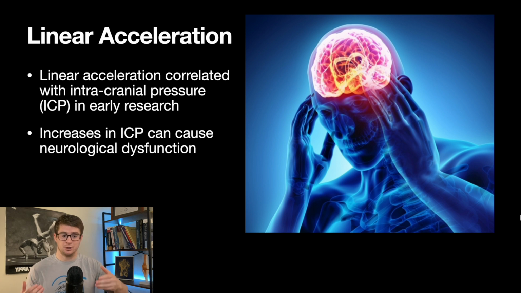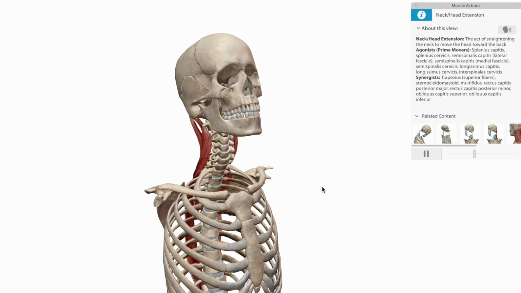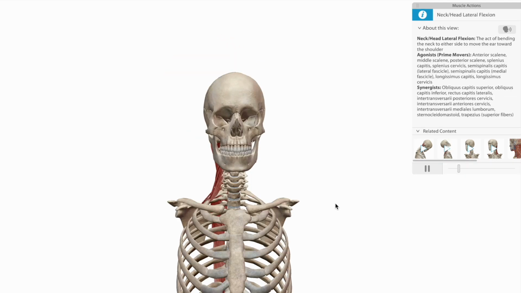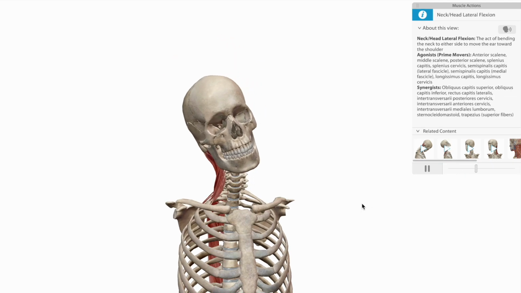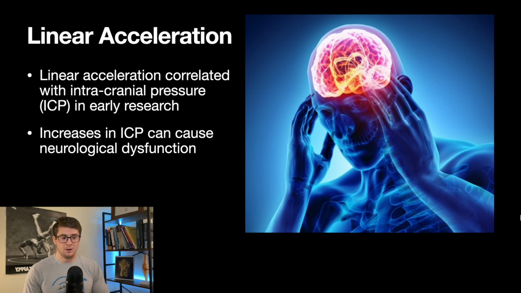And so early on in the research, when they started to measure what is happening at the skull and, as a proxy, the brain, linear acceleration in either the forward motion or side to side, so really flexion and extension in the sagittal plane, or lateral flexion in the frontal or coronal plane, was associated with an increase in intracranial pressure.